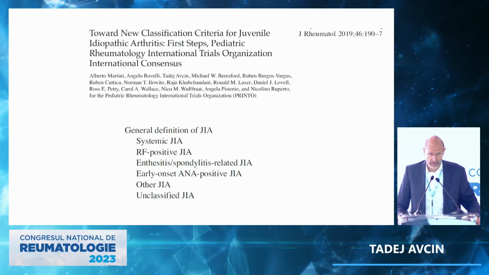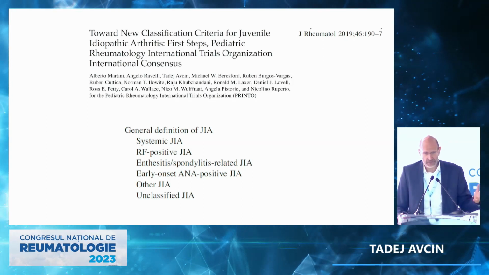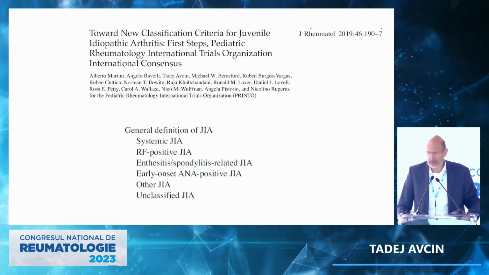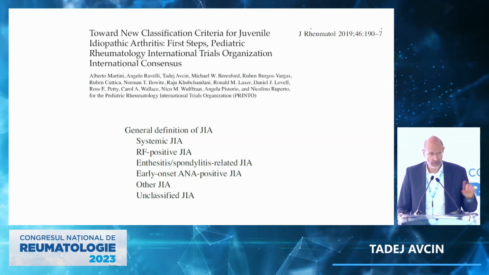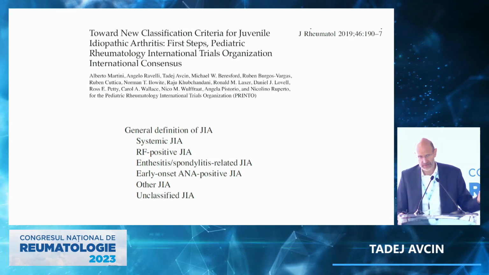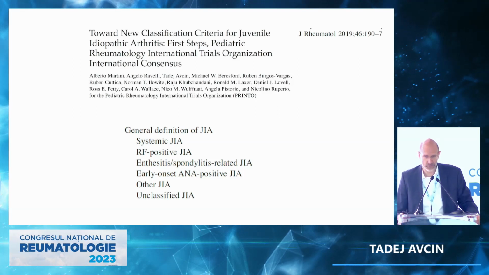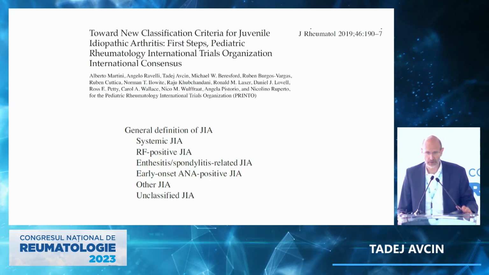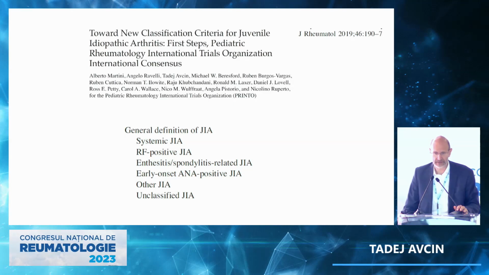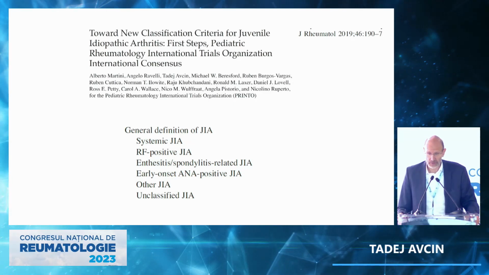The PRINTO proposal also tried to approach the adult classification, with systemic JIA being the counterpart of Still disease, rheumatoid factor positive JIA being the counterpart of rheumatoid arthritis, and enthesitis and spondylitis-related arthritis the counterpart of ankylosing spondylitis.